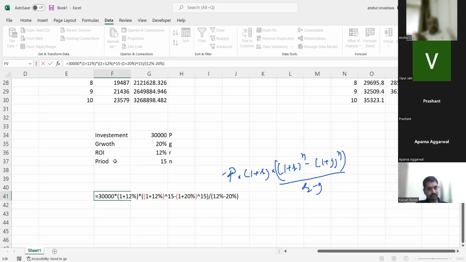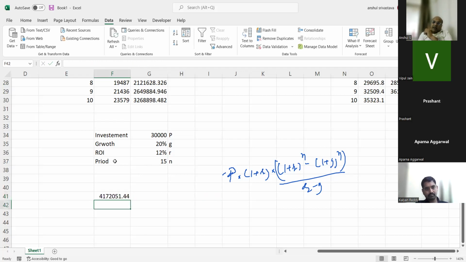So what will it be? I am investing 30,000 rupees currently. One year later, 20% more than that, then 20% more than that, but only one investment in a year. My amount would be 41,72,051 rupees, 41 lakhs.